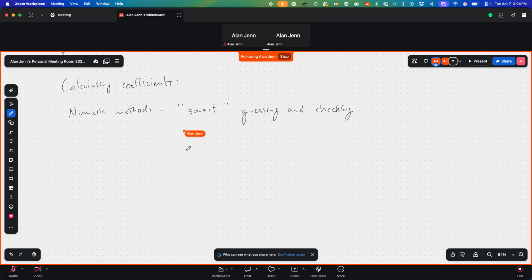And so the primary way we would do this is with something like a gradient descent algorithm. And this solves for beta iteratively.